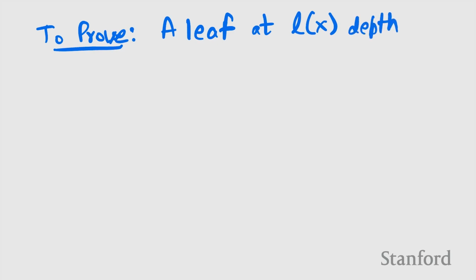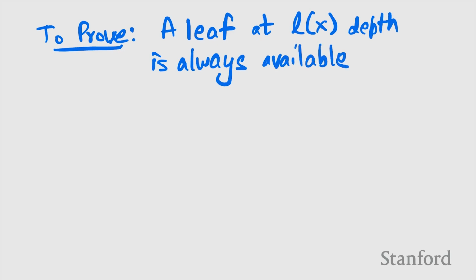So we need to prove a leaf at Lx depth is always available without violating the prefix condition.